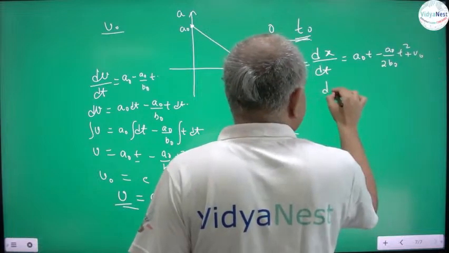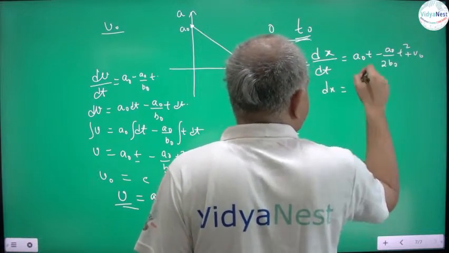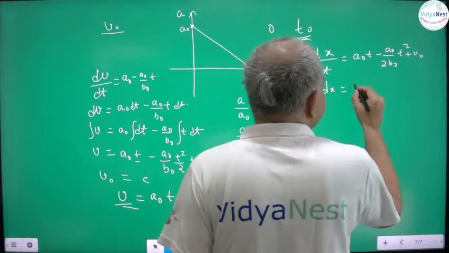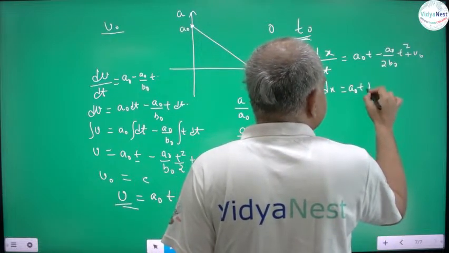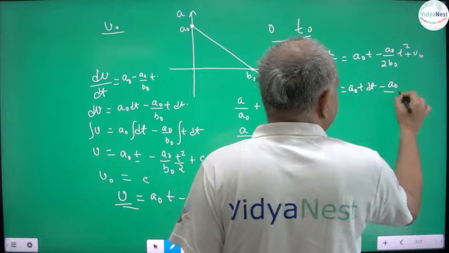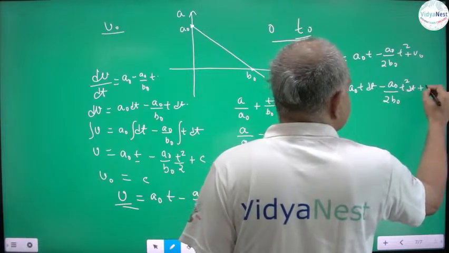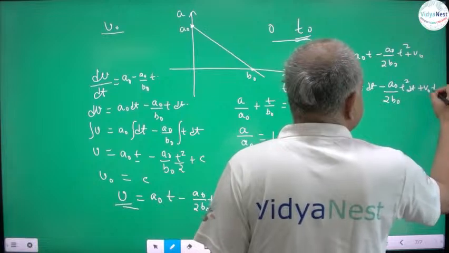So let dx is equal to a naught t dt minus a naught by 2 b naught t square dt plus v naught dt.